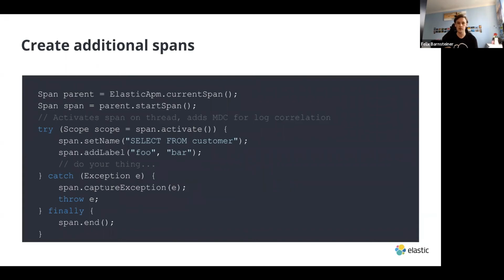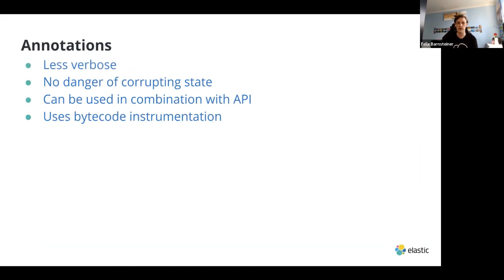But there are also ways to make that a bit simpler and less verbose. So you can use an annotation-based API, and so there you don't have the danger of corrupting state. It's less verbose. You don't have to code everything explicitly, and you can even combine that with the programmatic API to still be able to add custom labels.